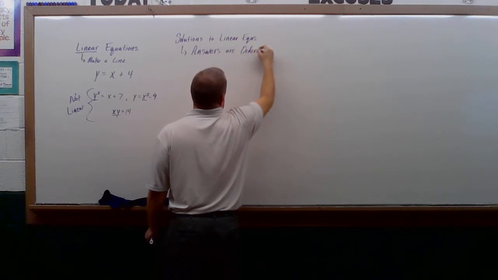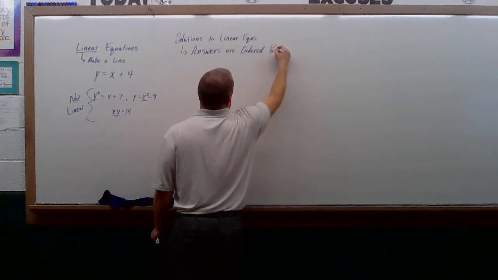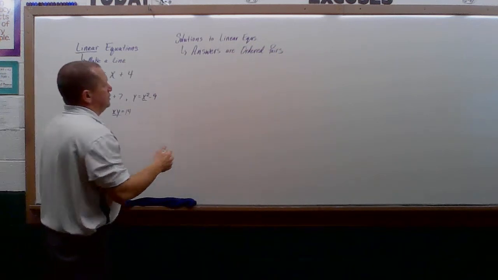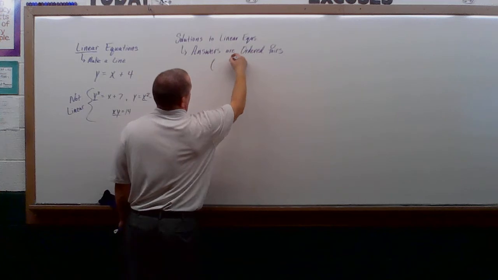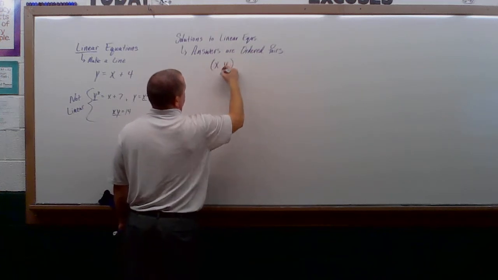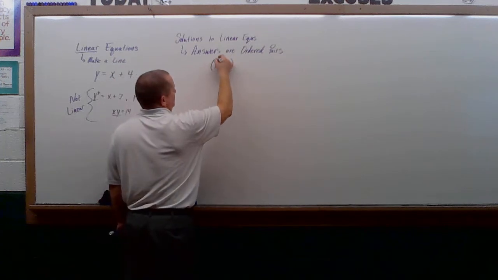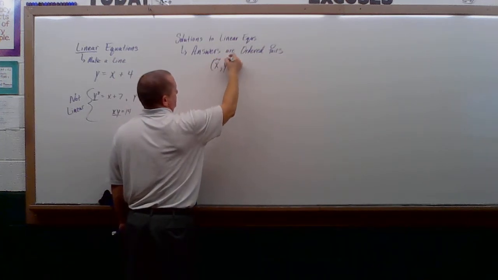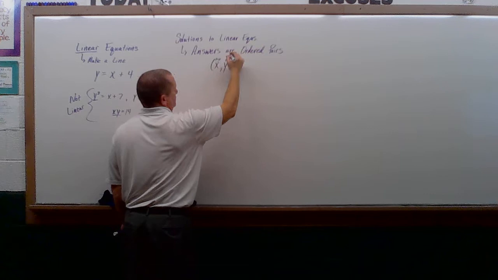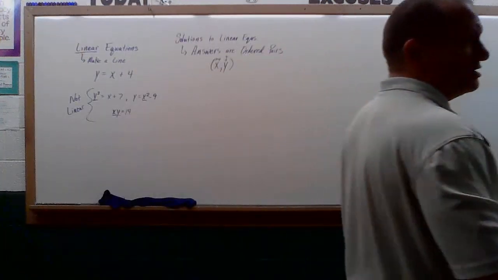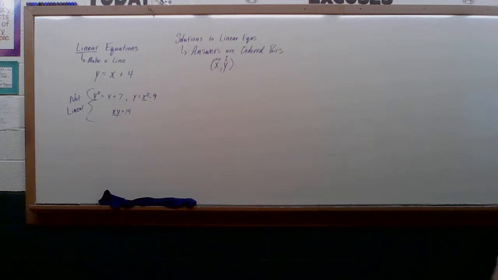And we're going to find those ordered pairs and use them to actually graph the linear equations. So again, when we're talking about an ordered pair, we're talking about an x and a y. And we know that my x's are always going to go right or left, and my y's are always going to go up or down. So this is our goal today, to find those solutions whenever we want.